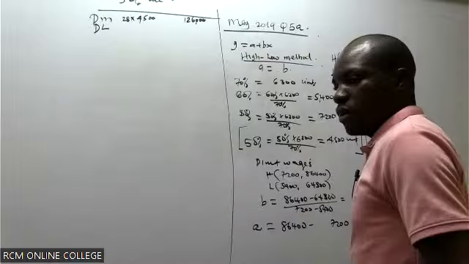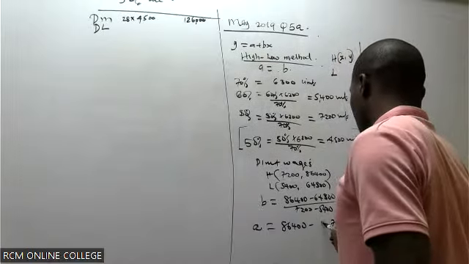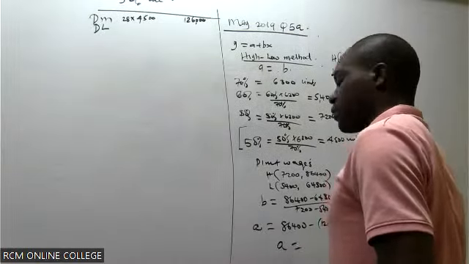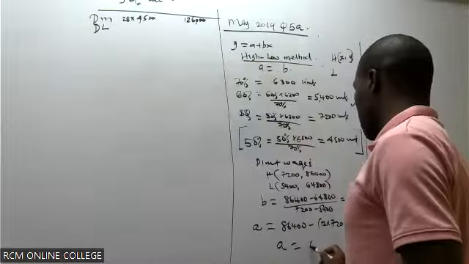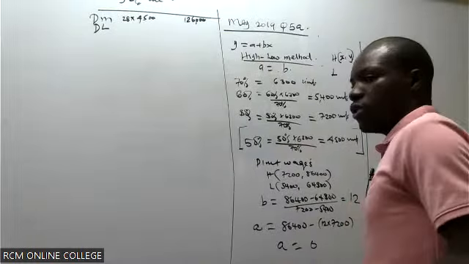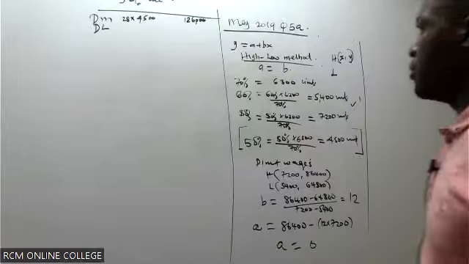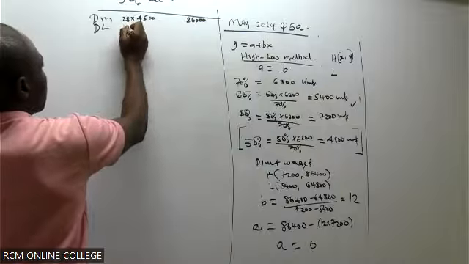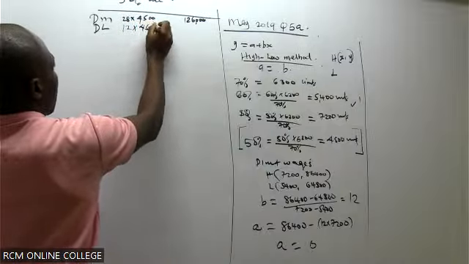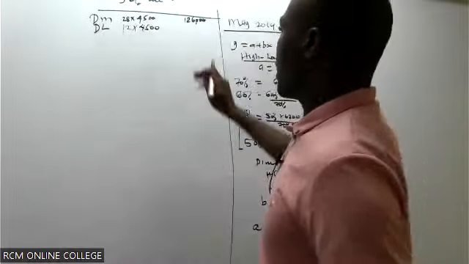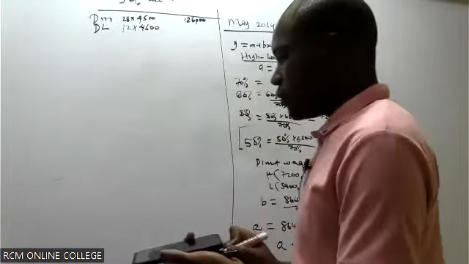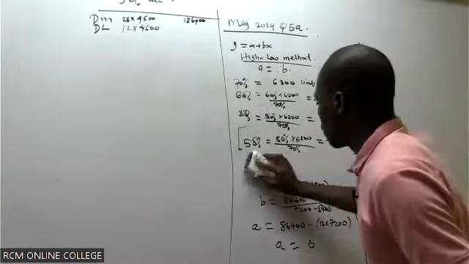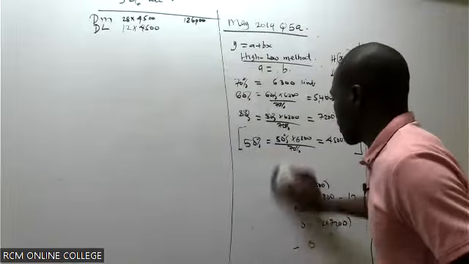B is 12. Thank you. So 12 times 7,200. If you do that, what will be the value of A? A is 0, and I'm told B is 12. Somebody to confirm or reject that, so that you can look for the next alternative. So that will be 12 times 4,500. If anyone disagrees, what is the total here? 54,000.